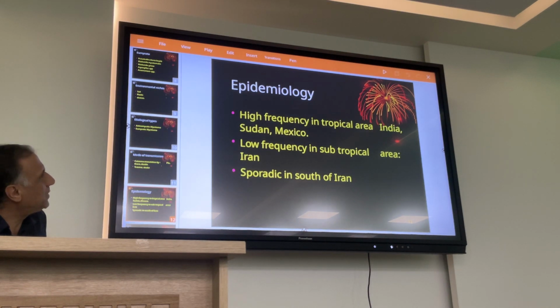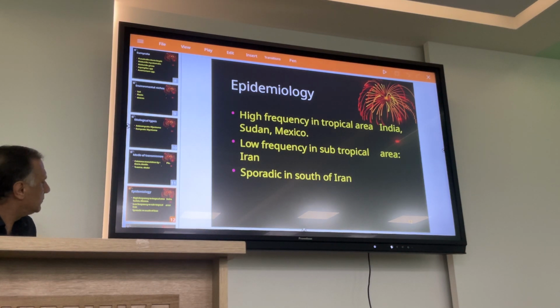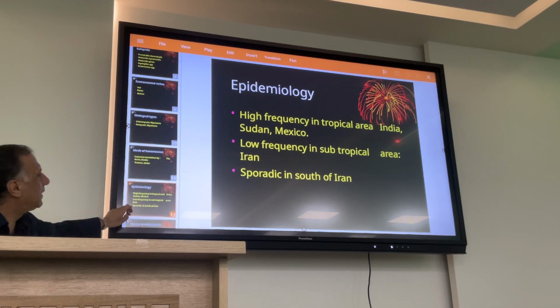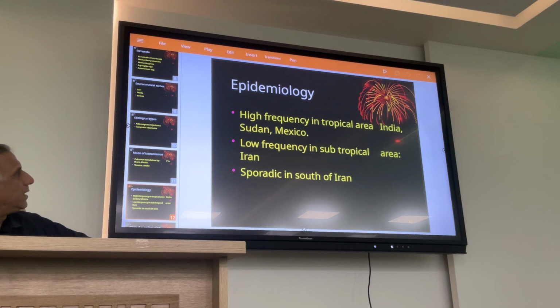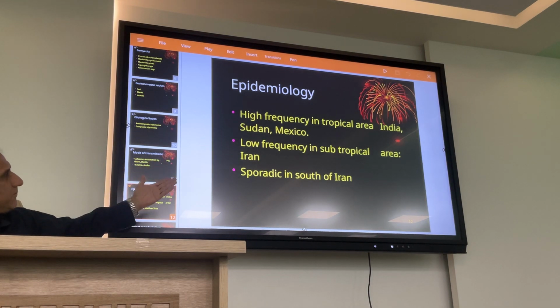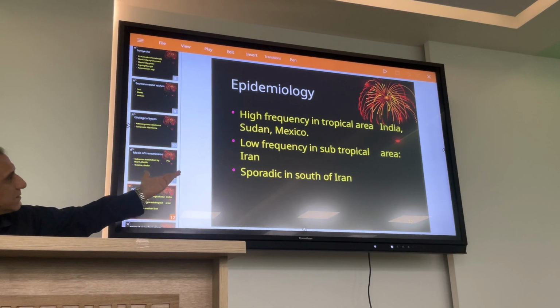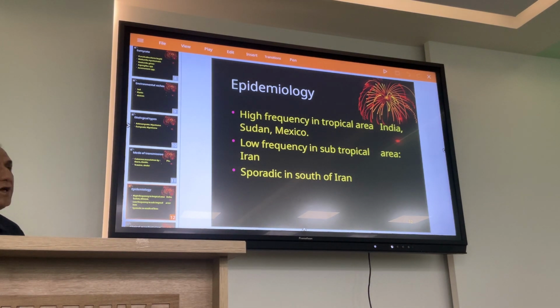Among the epidemiological factors in mycetoma, there are many epidemiology factors that affect the rate of infection. One of them is geographical distribution. In some countries, like India, Sudan, and Mexico, there are high frequencies of infection, a high number of disease.